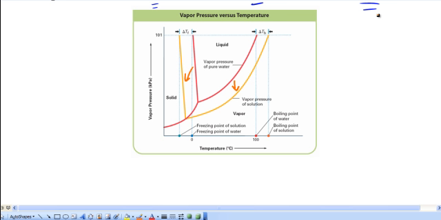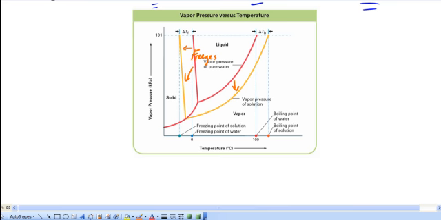But as that lowers, look what happens to the diagram and the temperatures at which things freeze or boil. When they freeze, this is the normal freezing point right here. Anywhere along this line is where the liquid freezes. Okay? But what happens is, as the vapor pressure lowers, that brings that diagram or that line to the left and effectively lowers the freezing point.